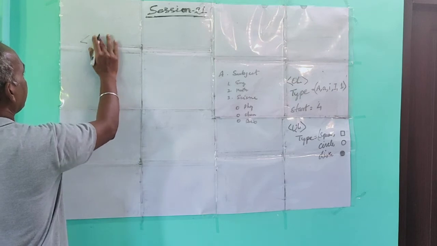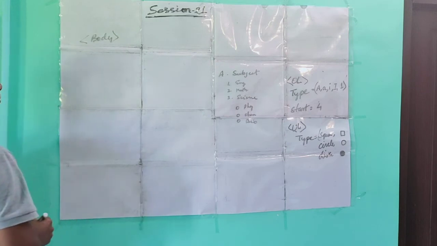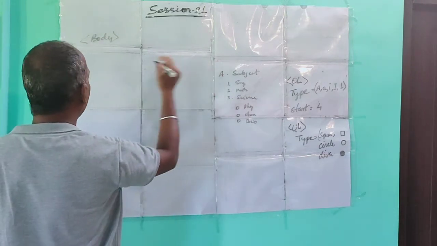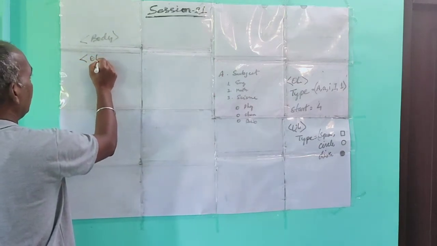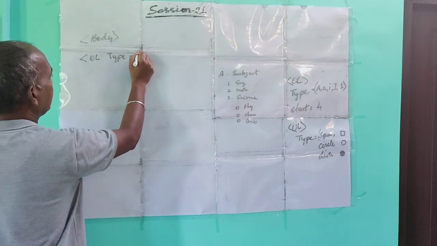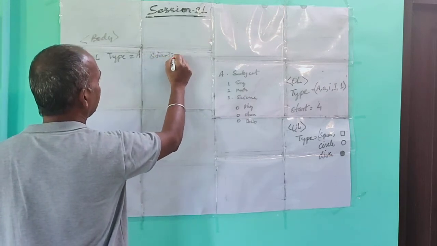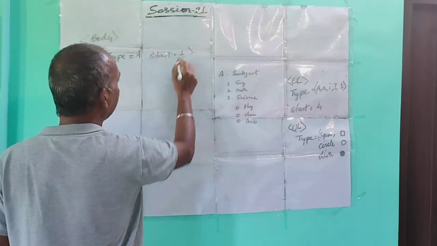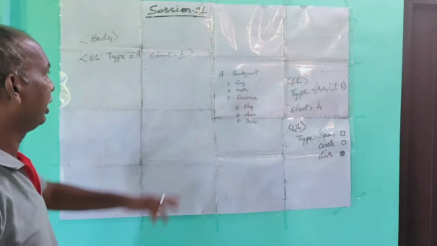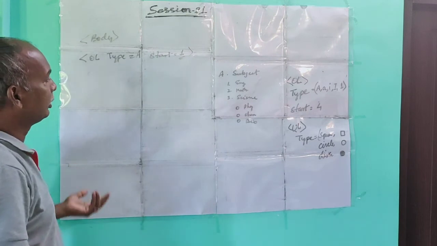after body, this is the ordered list. So use OL type equals to capital A, start 1. 1 is the default, so if you start from A, there is no need to give start 1. If you give it, then it's okay.